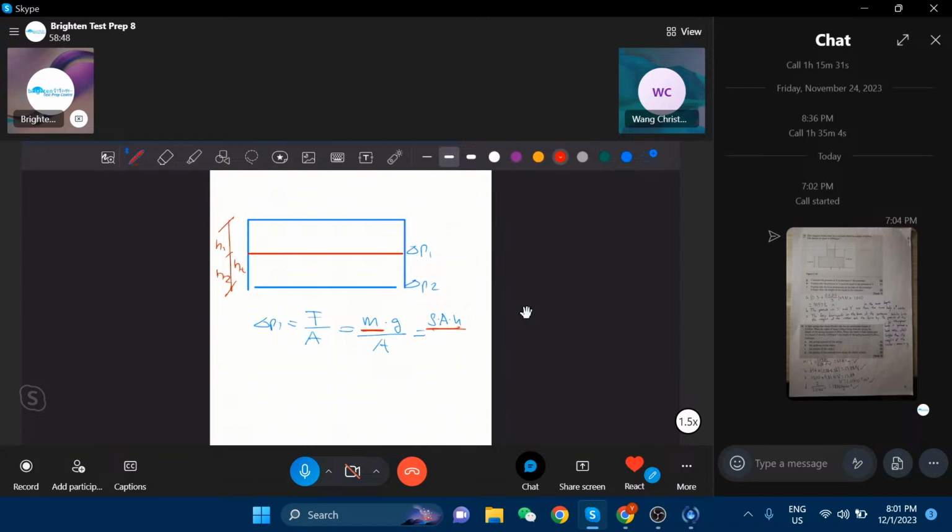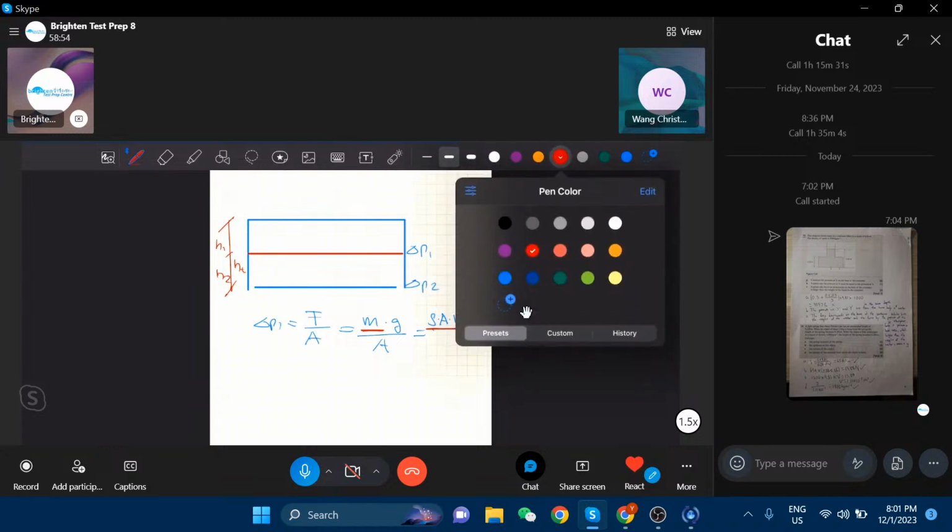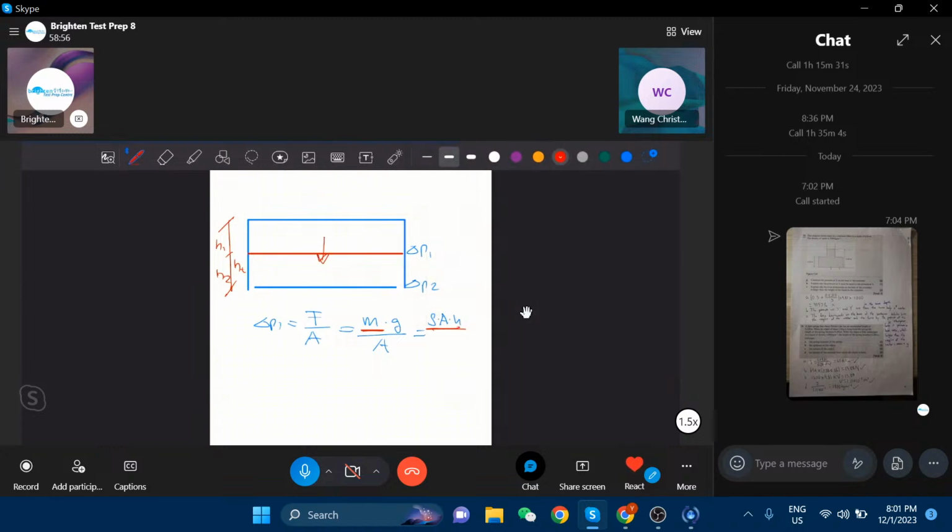So the reason why I have at this very point the weight force 1 is because I have the mass of the whole water up to that point. And it's three-dimensional because we talk about volume, right? A times H is volume. So this is my volume. So what counts is the volume.